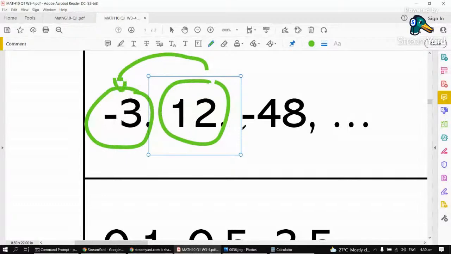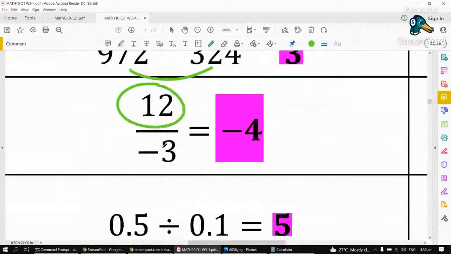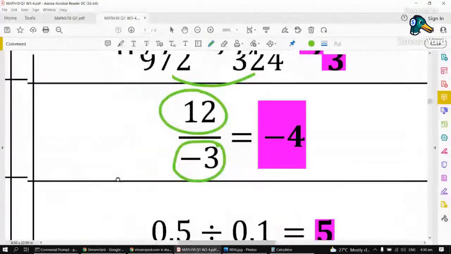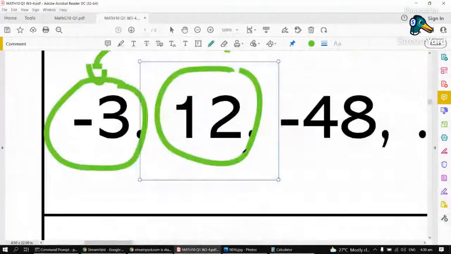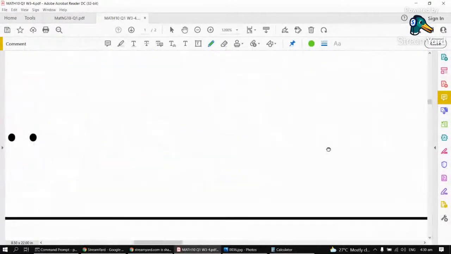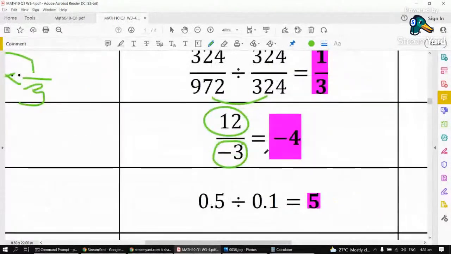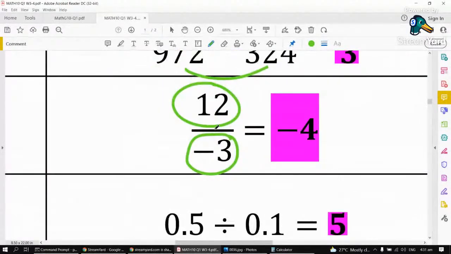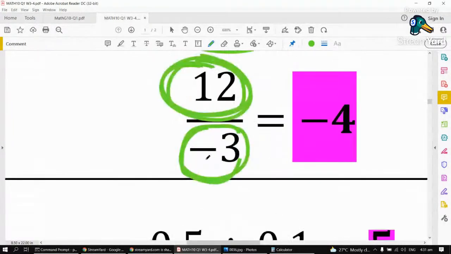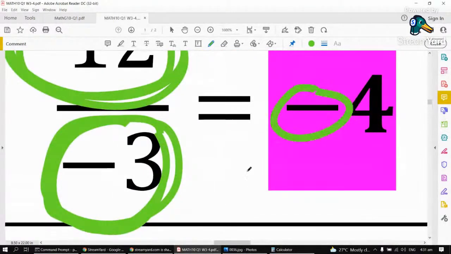So, positive tong number sa taas, dinivide ng negative number sa baba, ang sagot is negative.